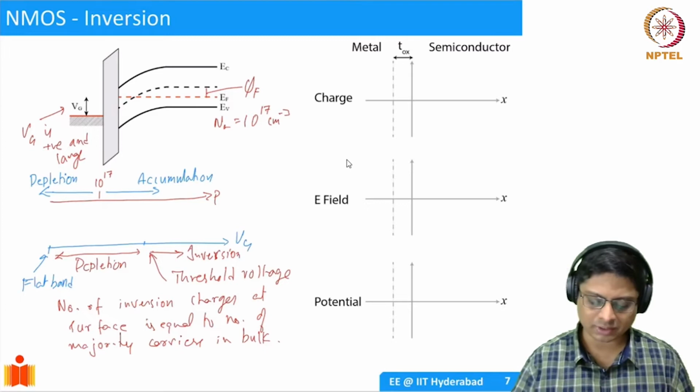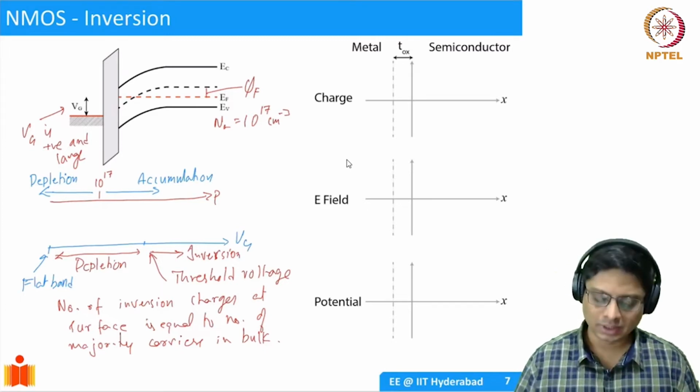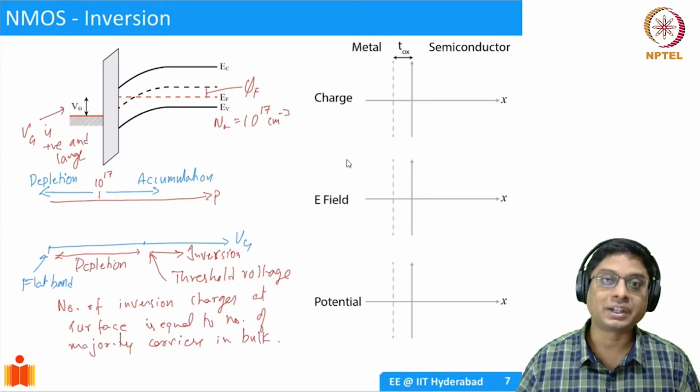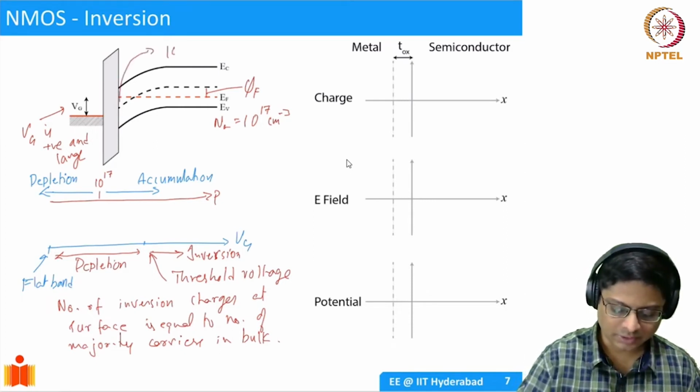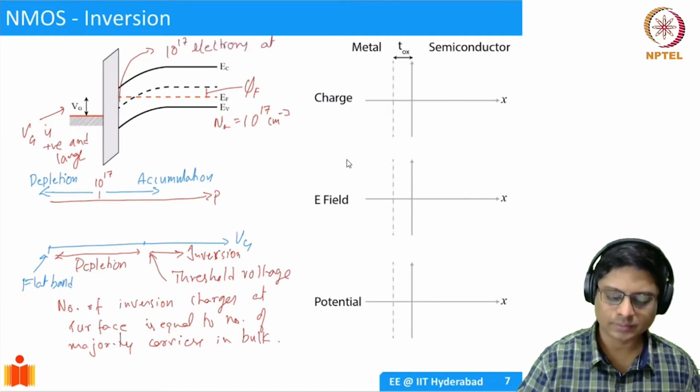Let's say in this case 10 power 17 is the number of holes in the bulk. Then we need to have 10 power 17 electrons at the interface.